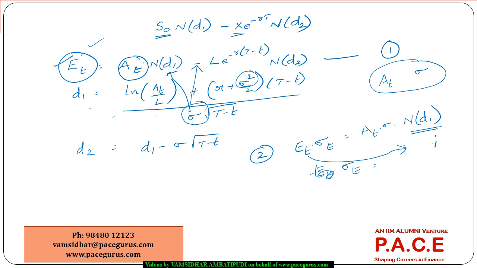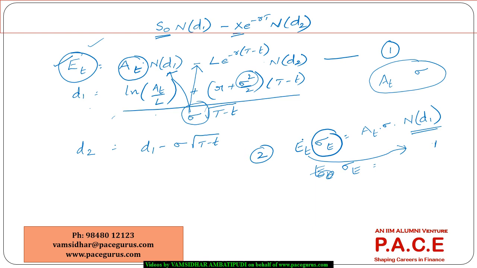Again here d1 is the regular Black-Scholes formula. If I know the value of the equity, I can get an estimate of the volatility of the equity, which I can compute from the market.